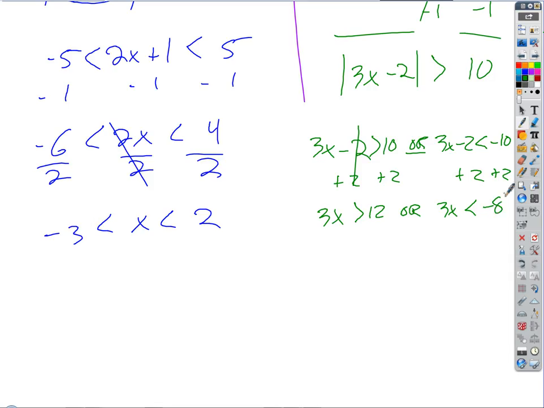Now what? Divide by 3. So I get x is greater than 4, or x is less than negative 8/3. Right? Okay, you gotta be careful about one thing though.